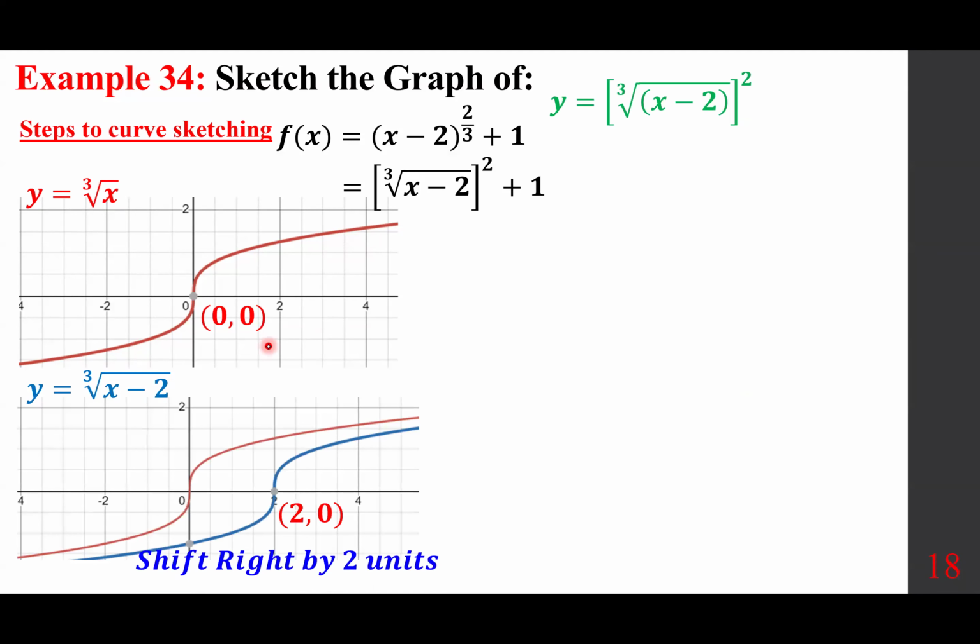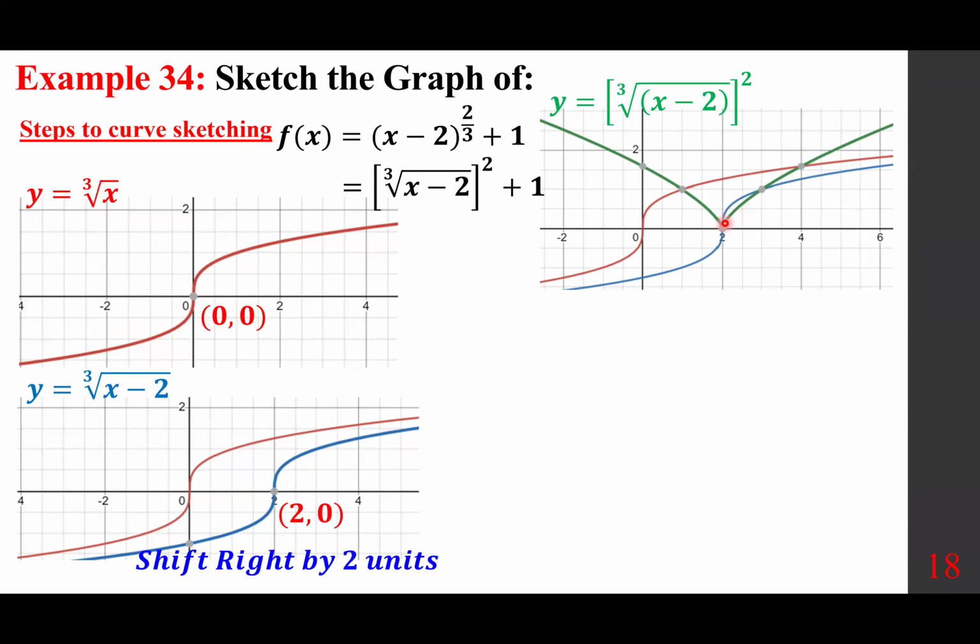The next step is to graph the cube root of (x minus 2) quantity squared. What happens now when we do that? The effect of raising a function to a power is that it makes it larger. The positive side becomes larger. The negative side, if the exponent is even, will become positive and larger. So that's what we get. The positive side simply becomes larger. The negative side flips over, becomes positive, and basically we have the same x-intercept at (2, 0).